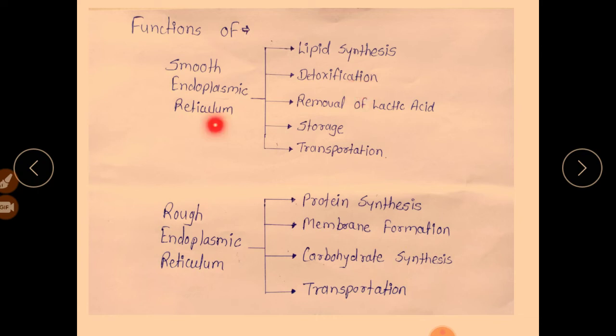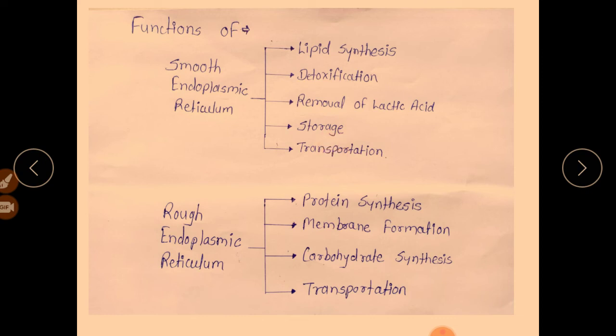It is also involved in the removal of lactic acid during carbohydrate metabolism. It is also involved in storage and transportation. That means it is involved in the transportation of protein, lipid and carbohydrate from the endoplasmic reticulum to the Golgi complex.